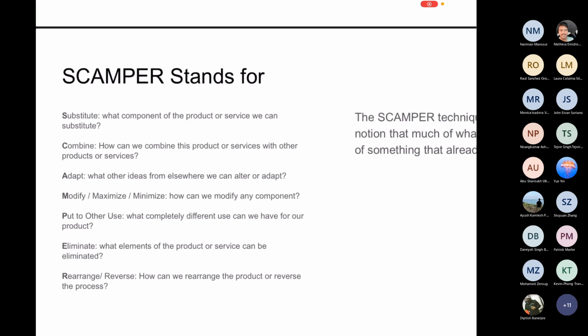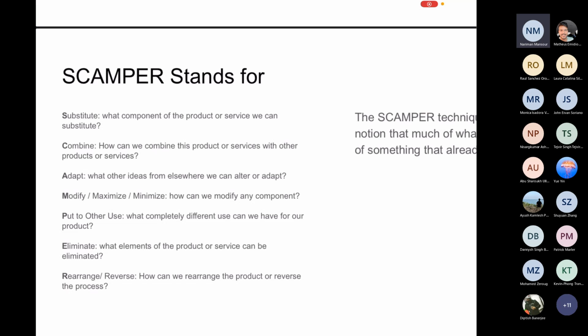I wish I could see you guys, but let's say we have the toothbrush. What are its components? We have the bristles, then we have the plastic, the handle that we hold when we want to brush our teeth. Correct? That's correct. Okay. Is there anything we can substitute from these components?